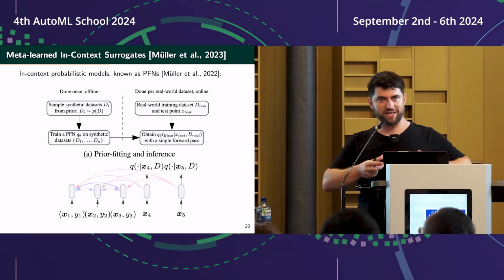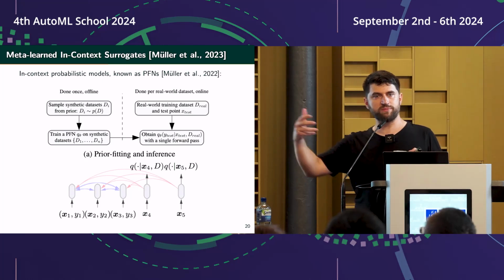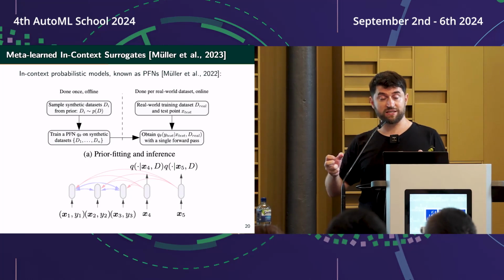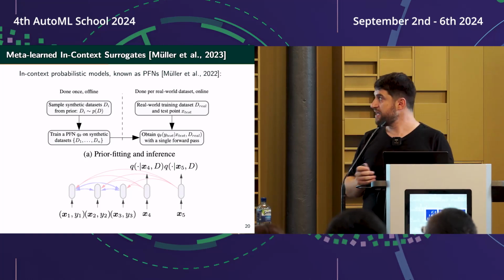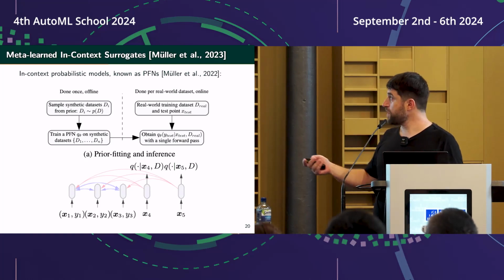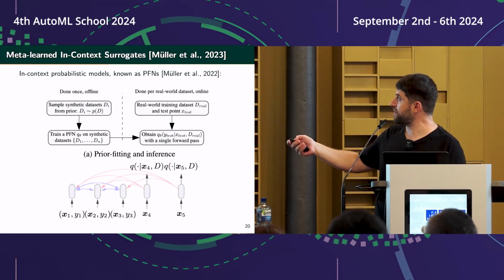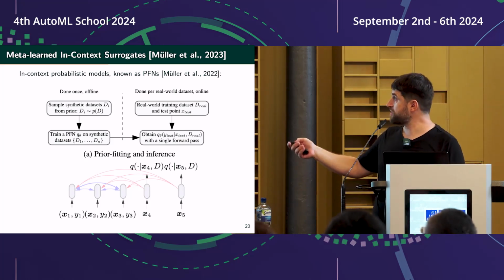This in-context meta-learning enables you to avoid doing adaptation on the target task because you capture the characteristics of the target task by providing the full context of the evaluations so far on that problem. In fact, this is an instance of more general in-context probabilistic models, which are known as PFNs.